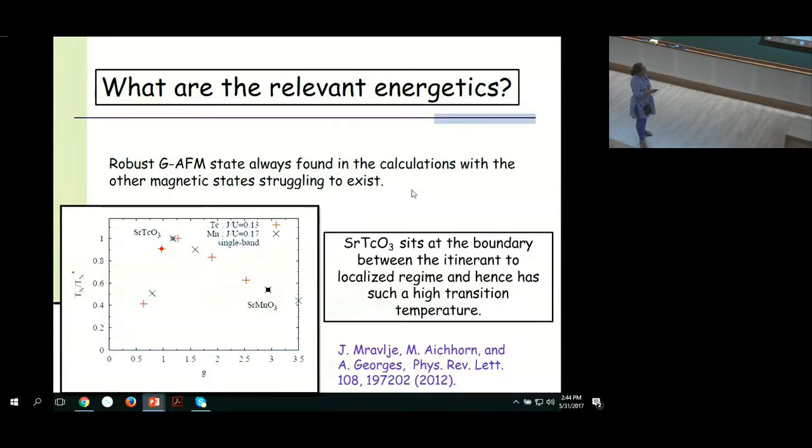What the group of Antoine Georges and his co-workers found was that if you plotted the Néel temperature in some scaled units as a function of the proximity to the point where you're going from an itinerant behavior to a localized behavior, strontium manganese oxide lies far away from this point, whereas strontium technetium oxide is at this point where it's going from an itinerant to a localized picture, and that's why they said that it had such a high transition temperature.